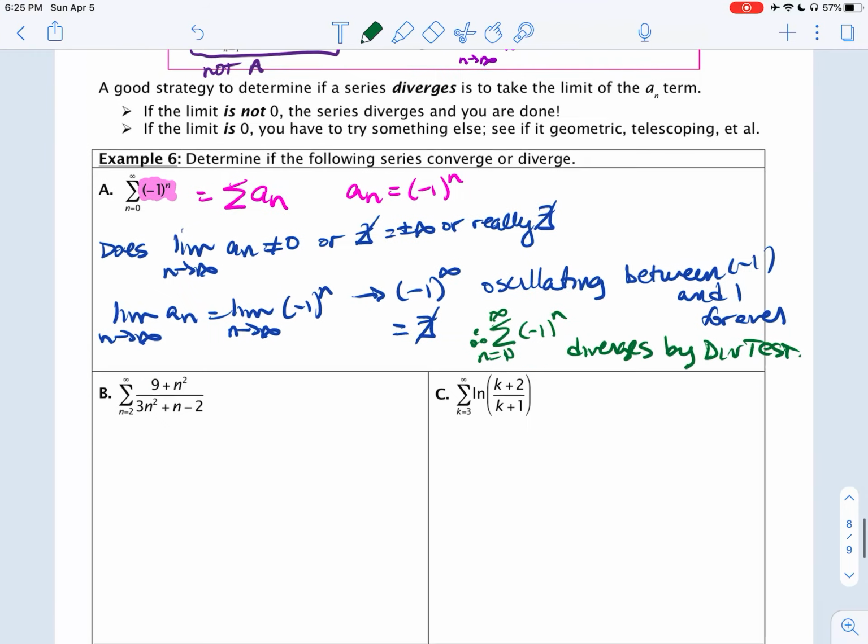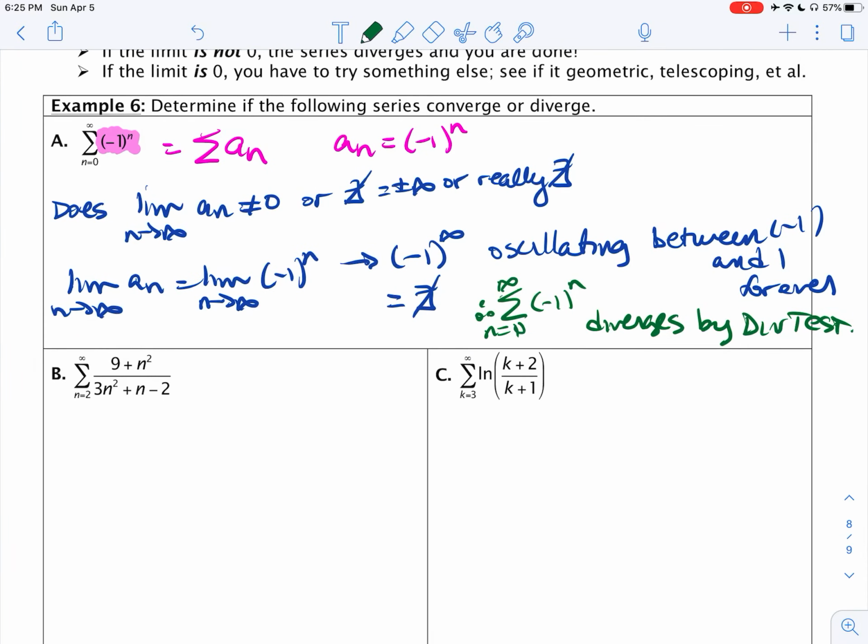Good. We can take a look at this example, and we can see that this is our a sub n, and the limit as n goes to infinity of 9 plus n squared over 3n squared plus n minus 2. You can either factor out the highest power of n or use L'Hopital's rule twice.